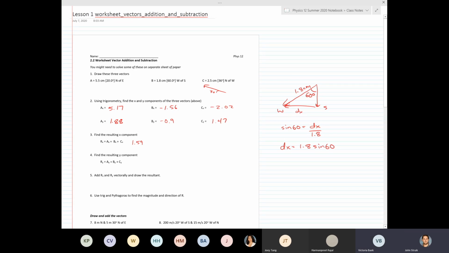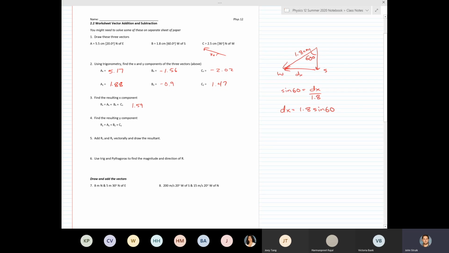Because it's going to the left, because it's west, that's why it's negative. And it's south, so that's negative as well. And then we'll do 1.88 minus 0.9 plus 1.47.